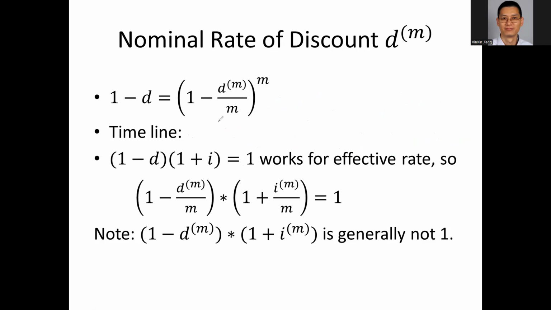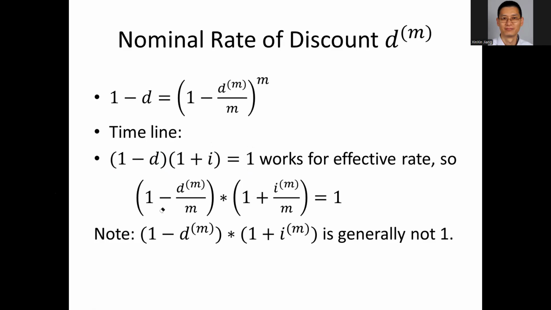Okay. We learned this identity a while ago. This works for effective rates. So d is the effective discount rate, i is the effective interest rate. Here d is annual, i is also annual, but this relation also works for effective rates over any same time period.